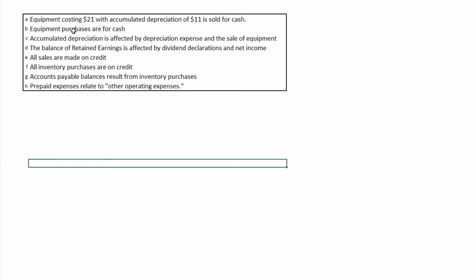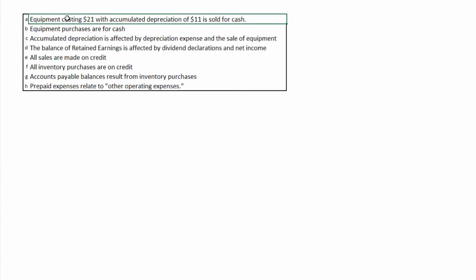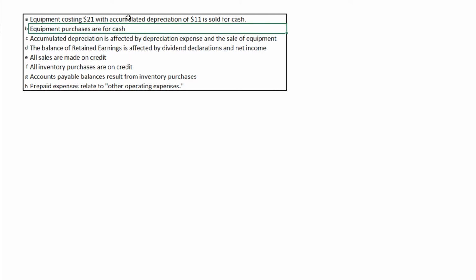And if you remember inside of the additional information, equipment costing $21 with accumulated depreciation of $11 is sold for cash. And then equipment purchases are for cash. So that gives us information for how we're going to fill out this section. And this doesn't give us some other information that we need.